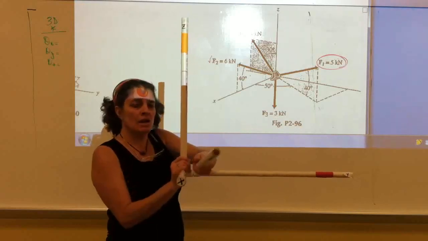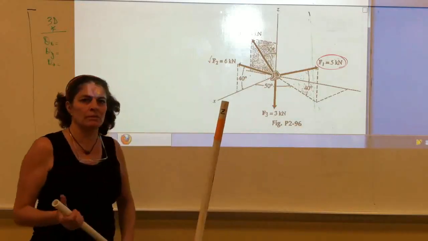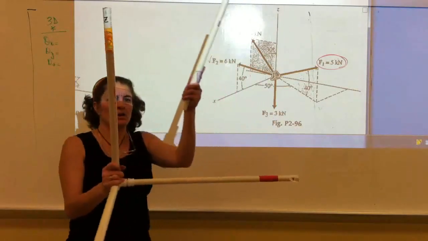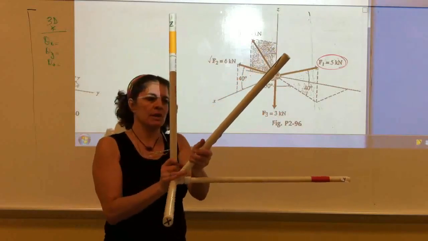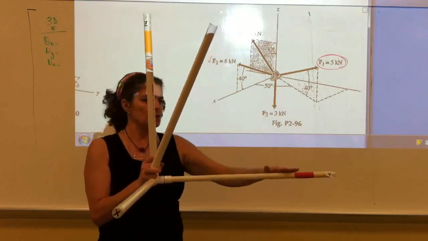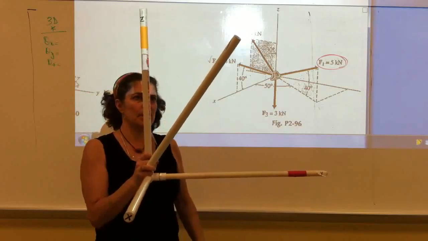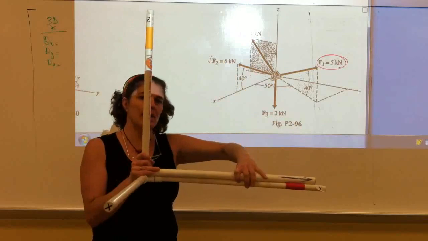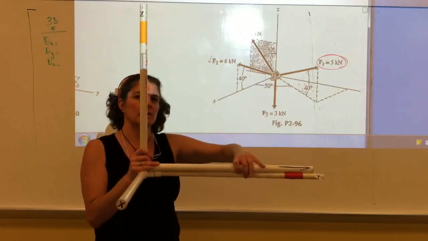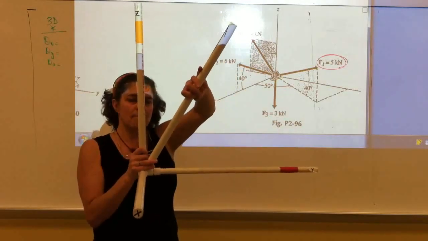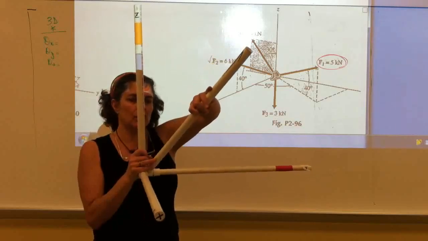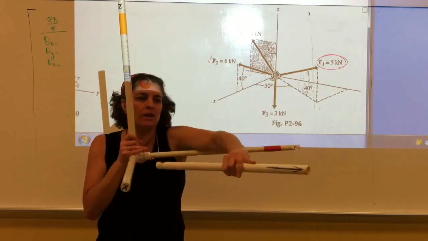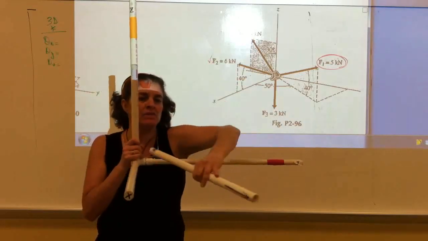So now what we have to think about is the dot product. No matter where our force is, if we know the angle to an axis, we can find the component of that force. If I take the magnitude of this force and multiply it by the cosine of that angle, which happens to be 40 degrees, I'm finding the component of this force in this direction.